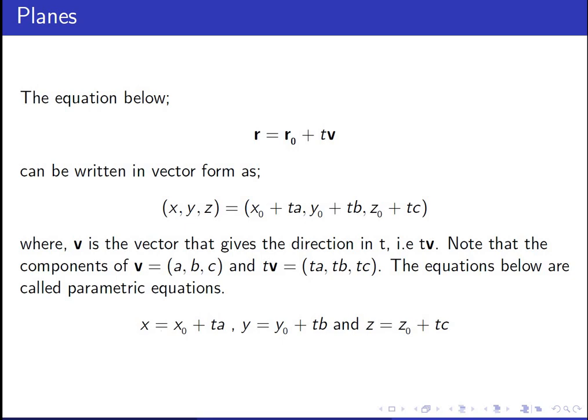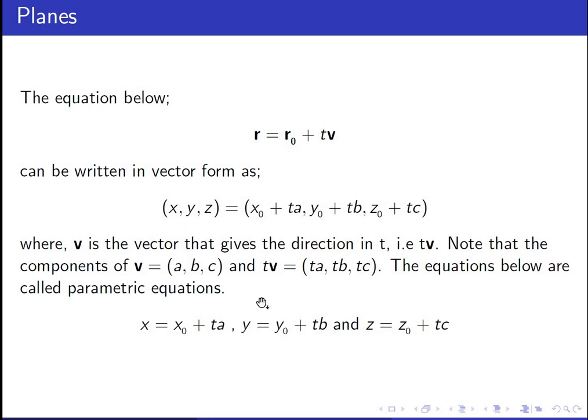v is the vector that gives the direction, and t is a scalar, so tv is the direction vector multiple. And v is made up of a, b, c. v is a vector in R3, which means it must have three components, which are a, b, and c.